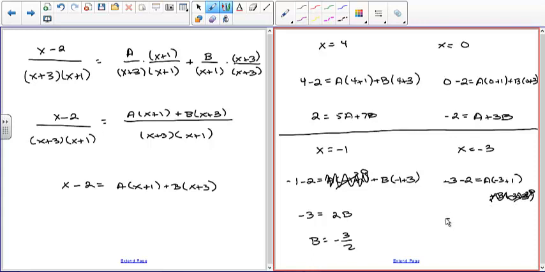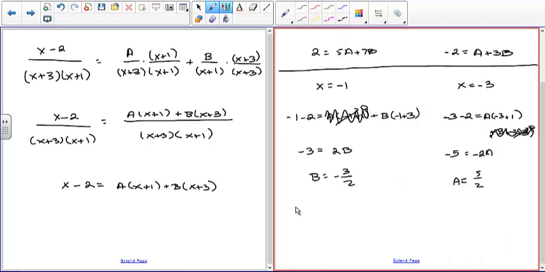And you end up with negative 5 is equal to negative 2a. A is equal to 5/2. So negative 5 divided by negative 2 is positive 5/2. So those are my coefficients.